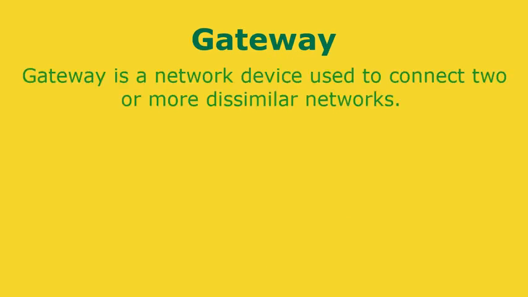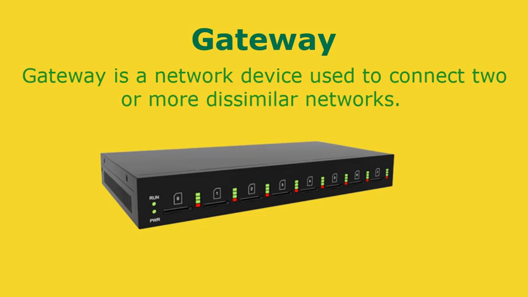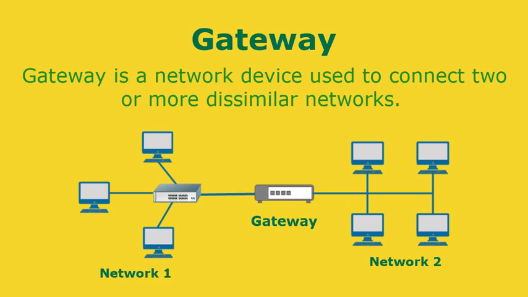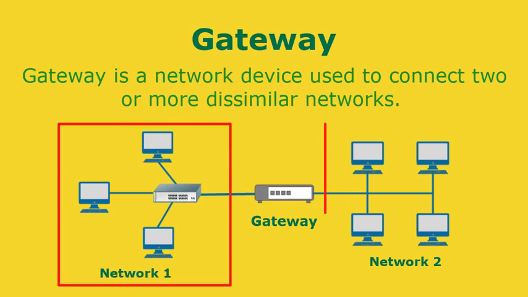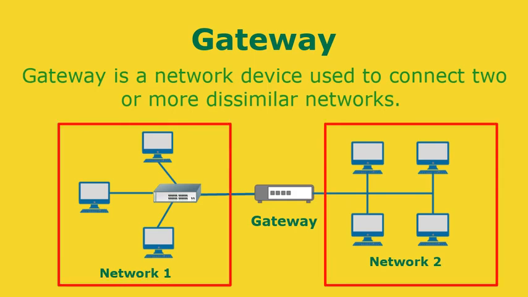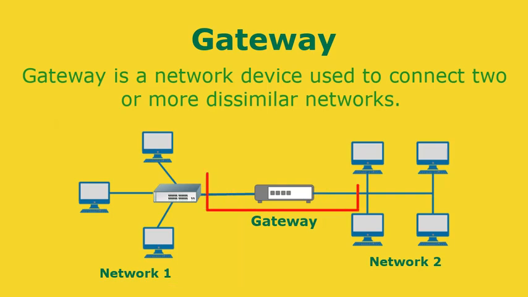Now the gateway is a network device used to connect two or more dissimilar networks, that is, networks that use different protocols. It establishes an intelligent connection between the local network and an external network. A gateway usually is a computer with multiple NICs connected to different networks.